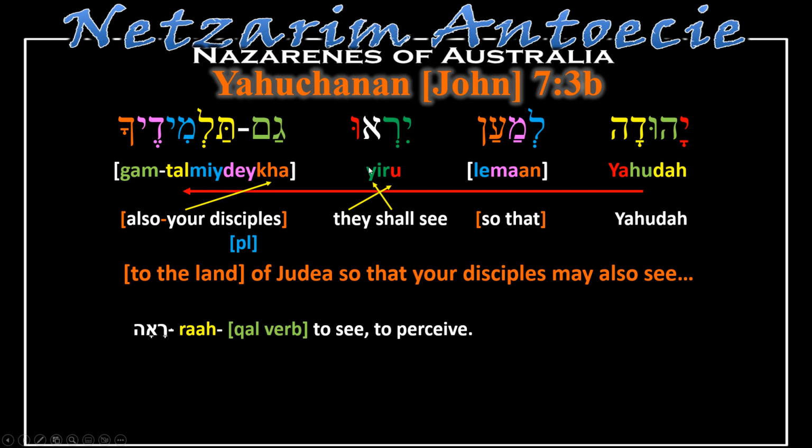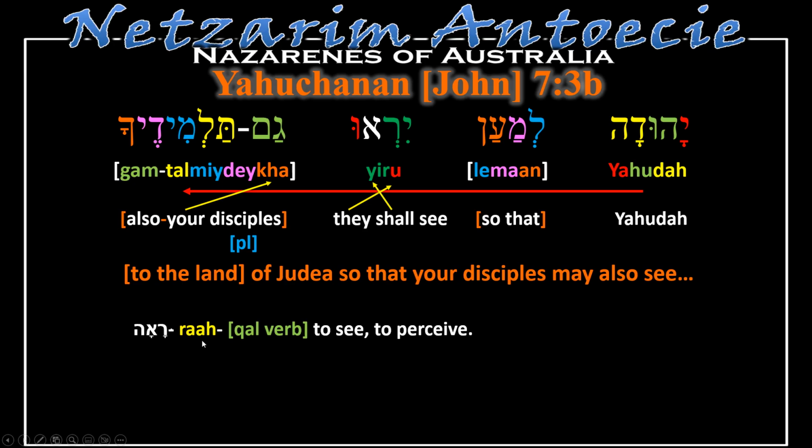And I've got some arrows here. The Yod makes it imperfect, and the U at the end is the pronoun they. Gam talmidecha, also your disciples. The your part is the cha at the end. So, to the land of Judea, so that your disciples may also see.